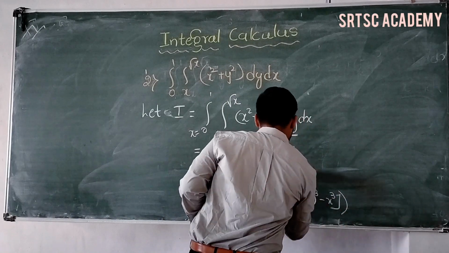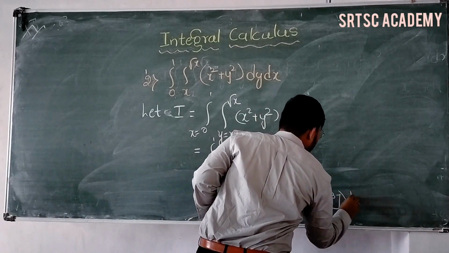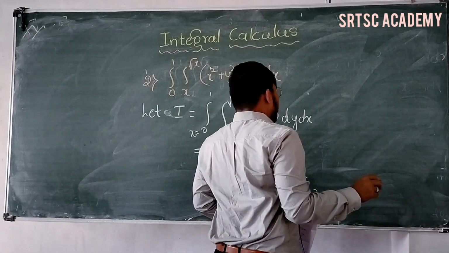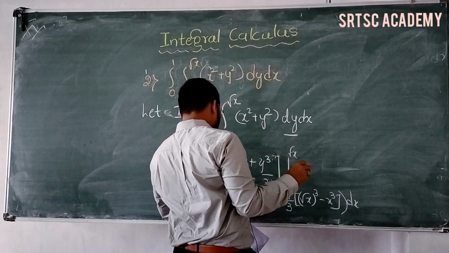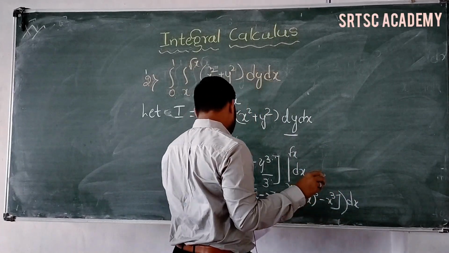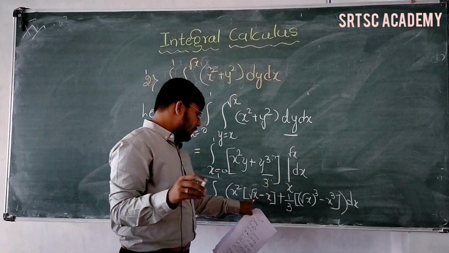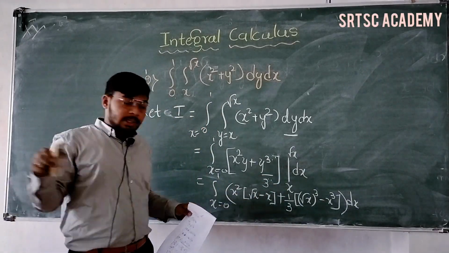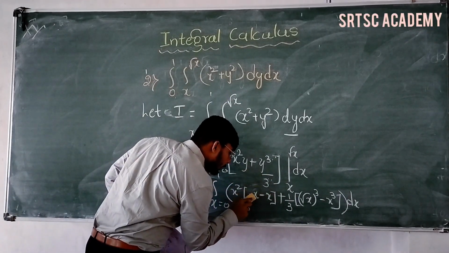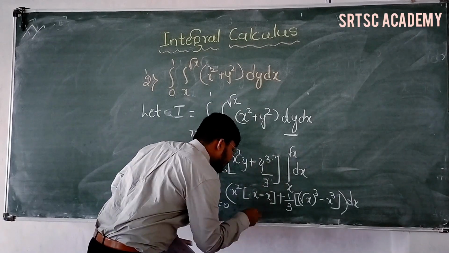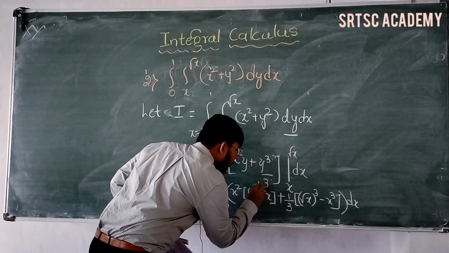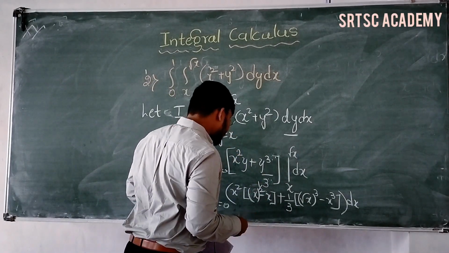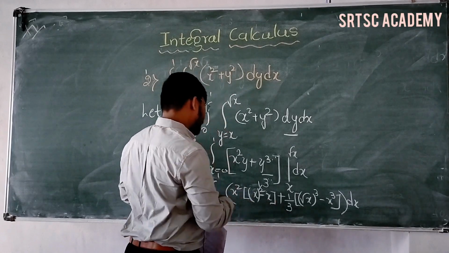After that what we have to do? We have to integrate with respect to x. What is here? X square. Here is root x. Root x means what? I will write here only. Root x means x to the power 1 by 2, right?